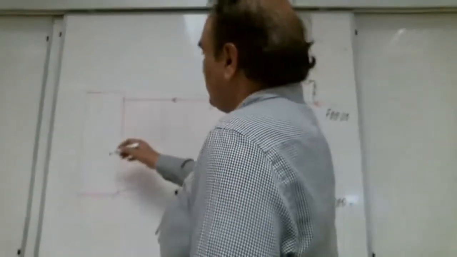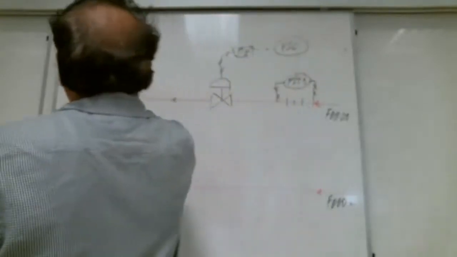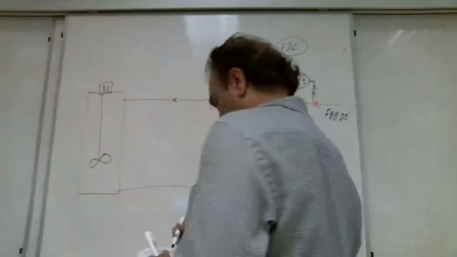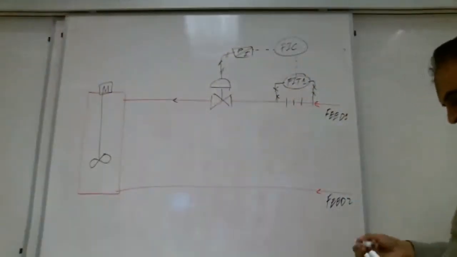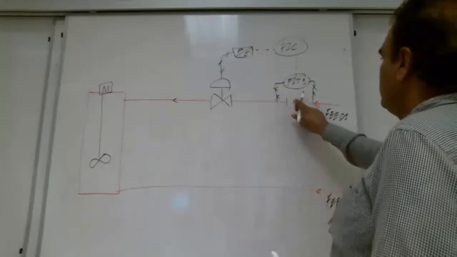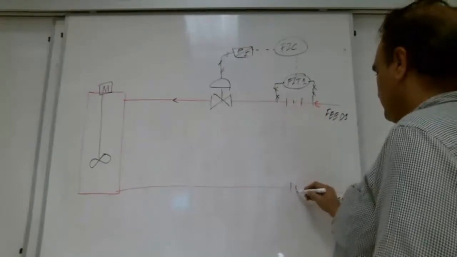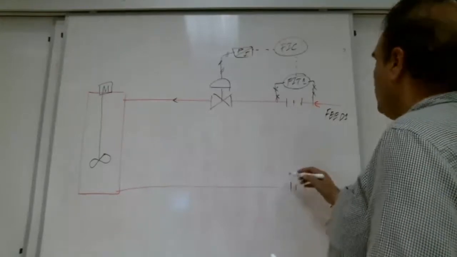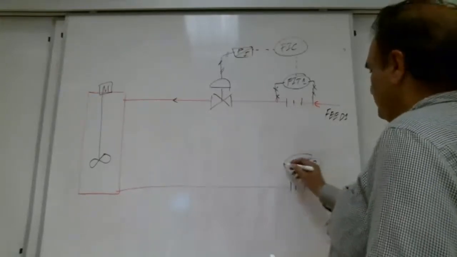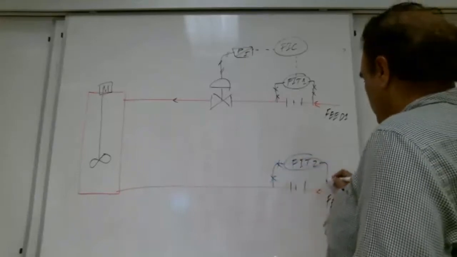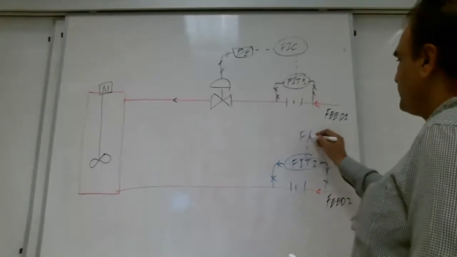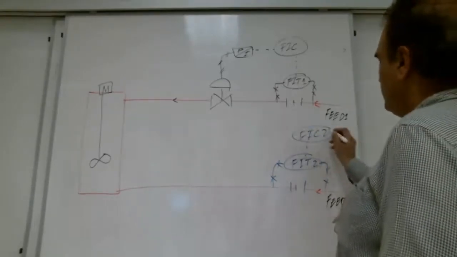It is going in this tank and getting mixed. There is an agitator here. Same way we have here another sensor and transmitter, flow indicator transmitter 2. It is sending signal to the flow indicator controller 2.